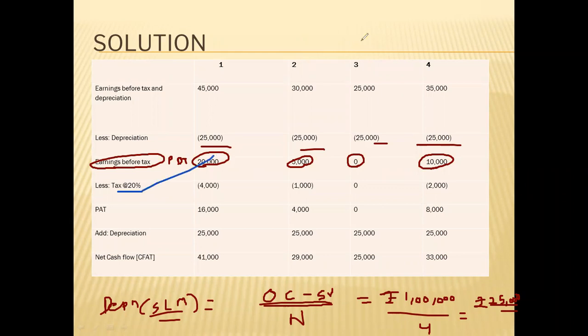So you can calculate tax on this PBT: 20,000 into 20% for the first year, 5,000 into 20%, 0 into 20%, and 10,000 into 20%. So this will be the tax. PBT minus tax, we will get the PAT.